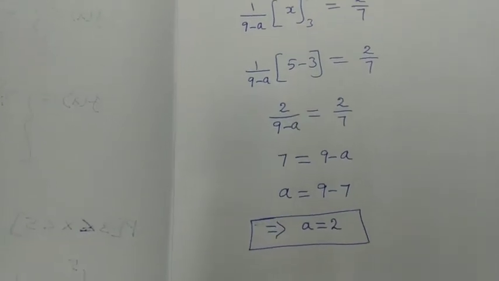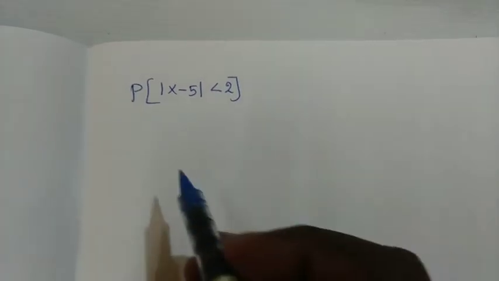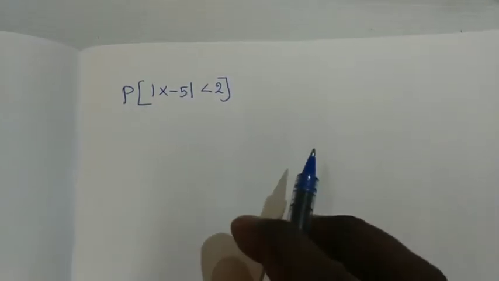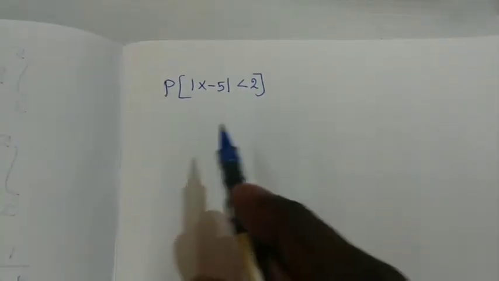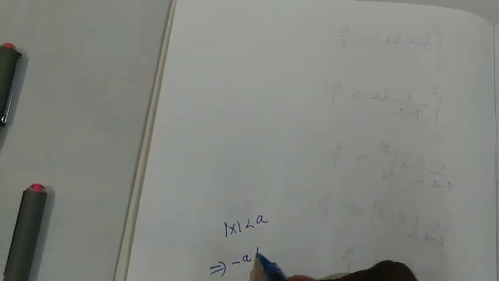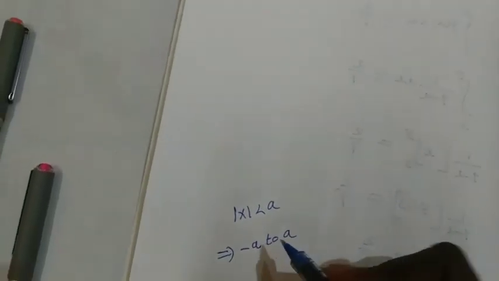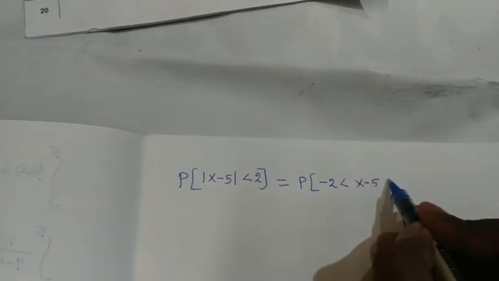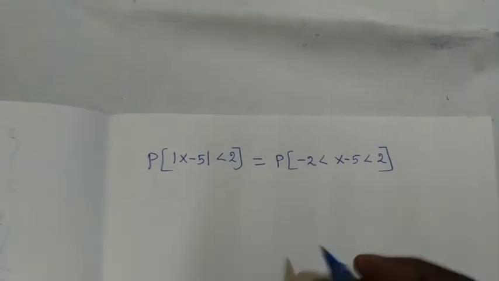It is 2. Okay, next I am going to find P(|x - 5| < 2). To find this, we want to find the range. If |x| is less than a, the range is minus a to plus a. So here |x - 5| < 2 means the range is P(-2 < x - 5 < 2).